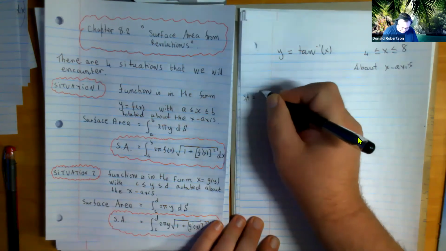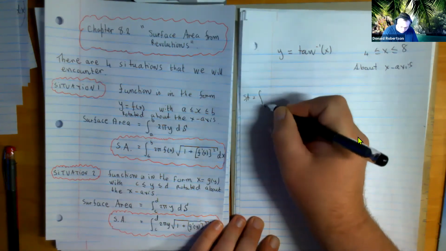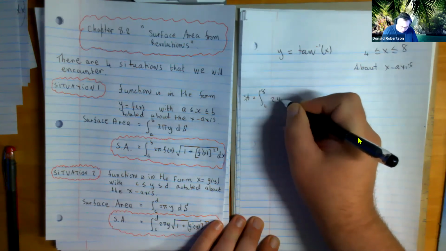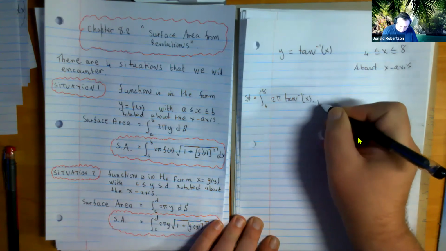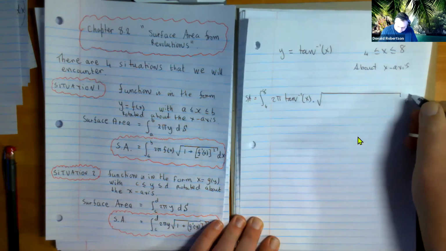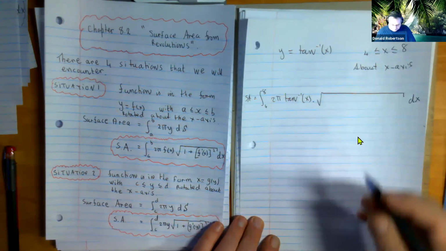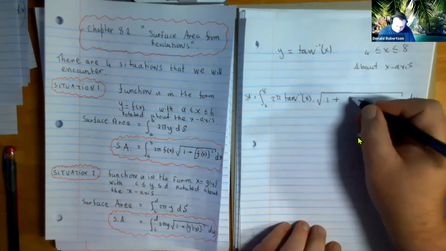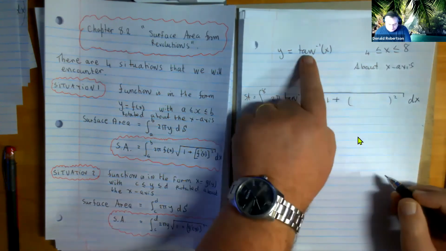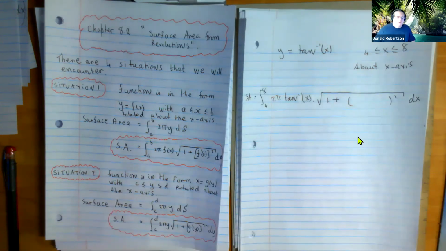So it's the integral from 4 to 8, 2 pi inverse tan of x, square root of 1 plus the derivative of inverse tan squared.